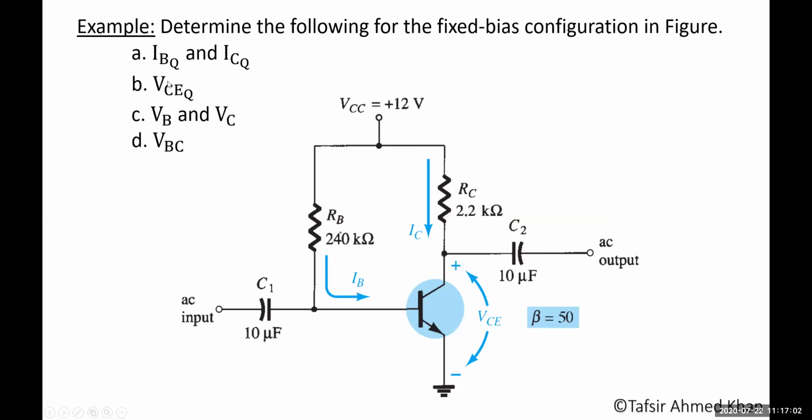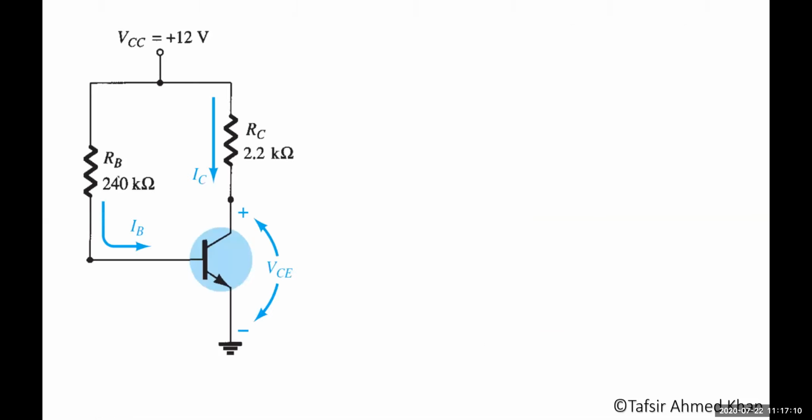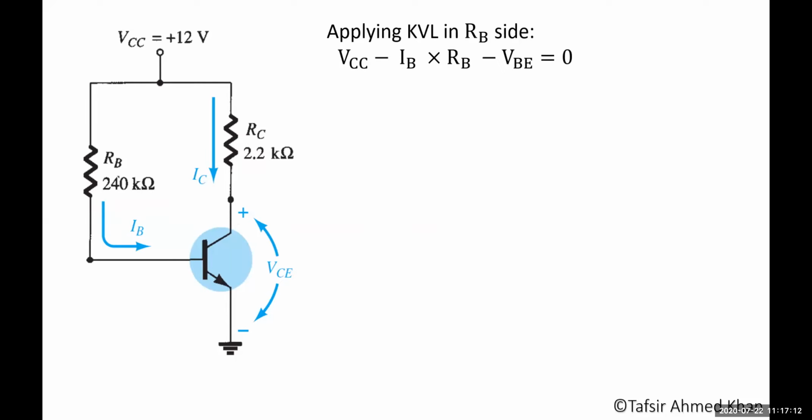Let's find out. At first, you have to get rid of those DC blocking capacitors. Then apply a KVL in the RB side. What do you have? VCC minus IBRB minus VBE equals 0.